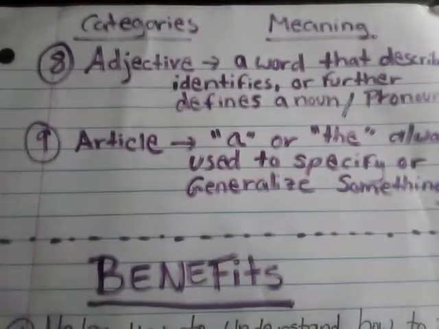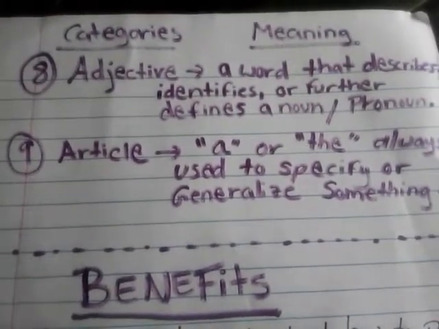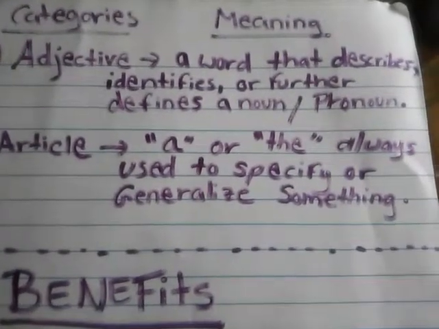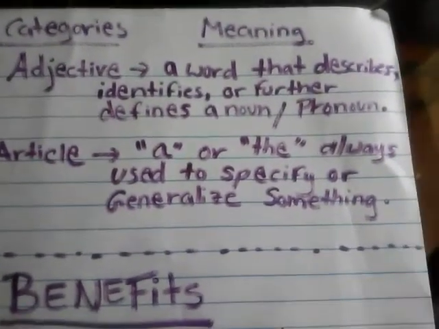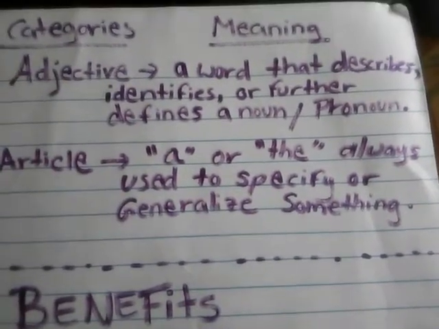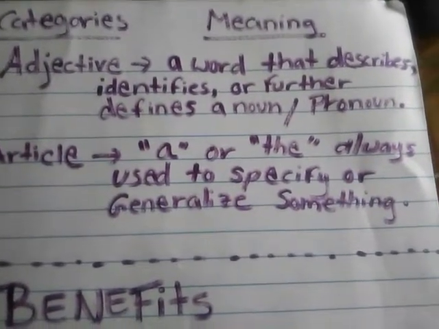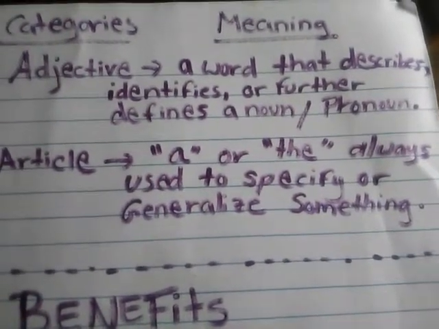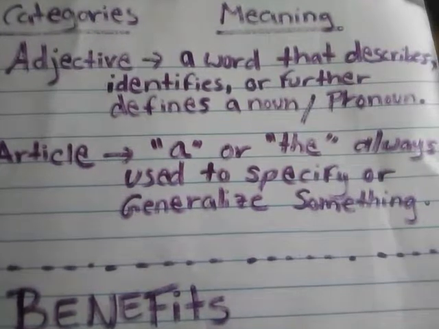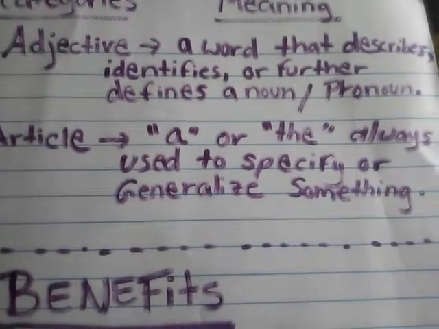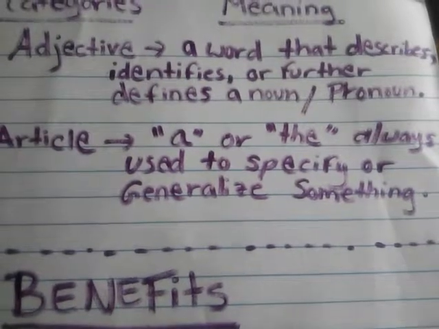And the next one is the article. An article is considered those two words, the letter a or the. They are always used to specify or generalize something. So we could say a chair, or we can say the chair, or we can say the people.